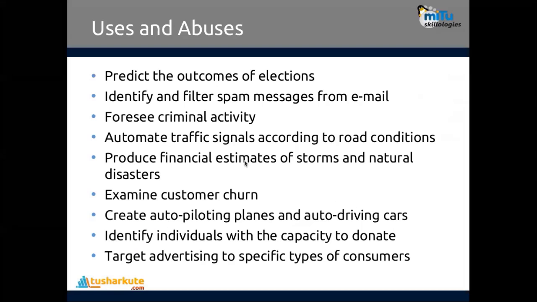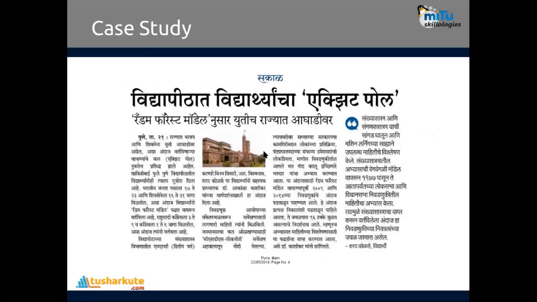Or produce financial estimates of storms and natural disasters, examine customer churn, or create autopiloting planes and auto-driving cars, likewise. So predictive analytics can be done with the help of machine learning algorithms. Predictive analytics is a very important part which is done with the help of the machine learning algorithms.